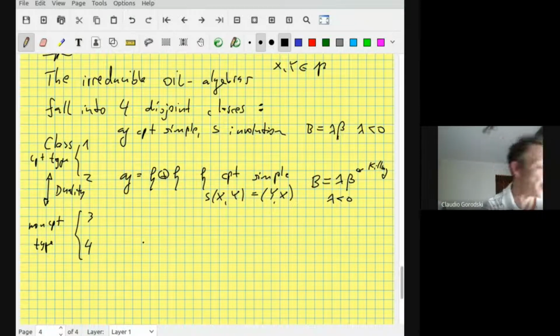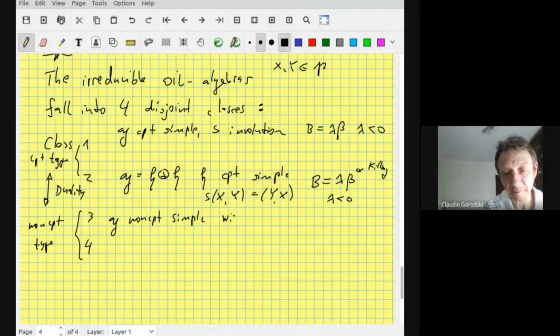So what's 3? 3 is, G a non-compact simple Lie algebra with complexification simple.